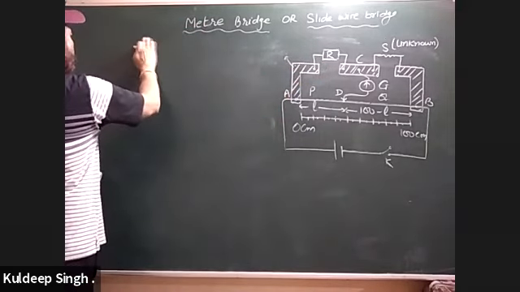If I interchange these two, put R in this gap and S instead of R, then the null point shifts by 20 centimeter away from A. Point A से 20 centimeter आगे चला, shifted 20 centimeter away from the previous location.